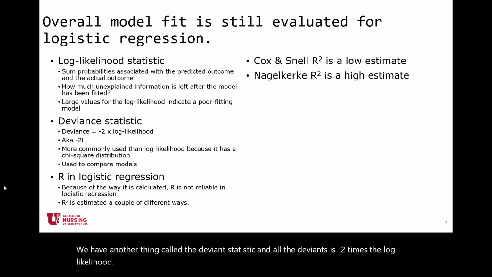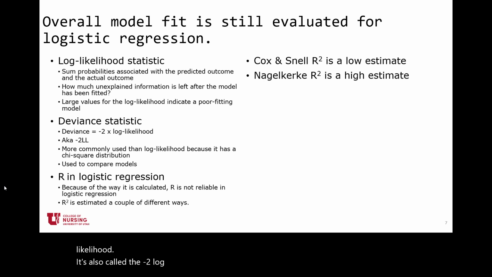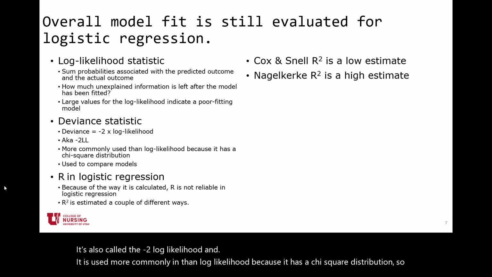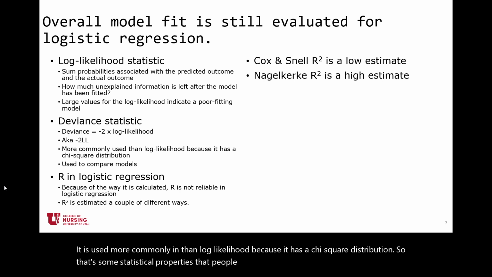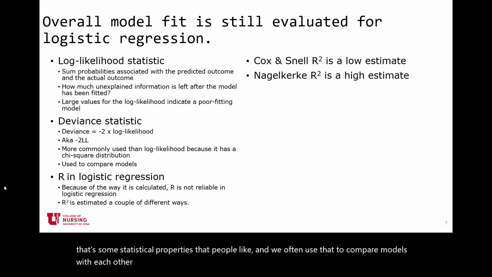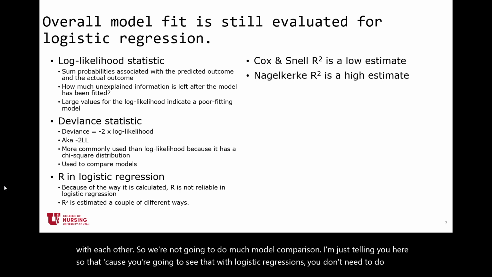It's also called the -2 log likelihood, and it is used more commonly than log likelihood because it has a chi-square distribution. So that's some statistical properties that people like, and we often use that to compare models with each other. We're not going to do much model comparison. I'm just telling you here because you're going to see that with logistic regressions, you don't need to do anything with it right now.